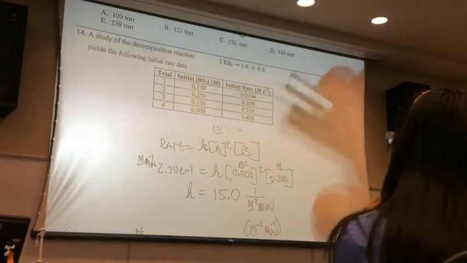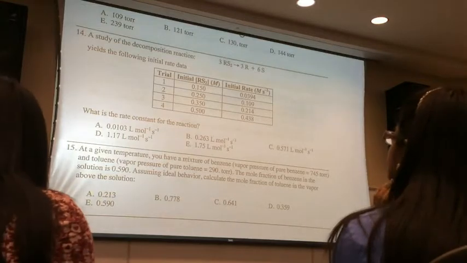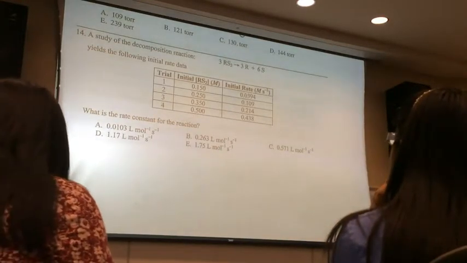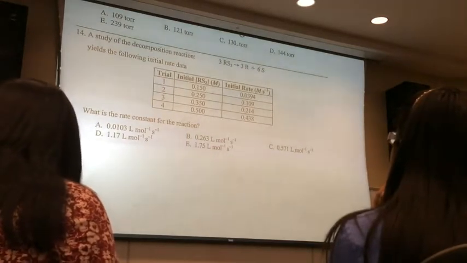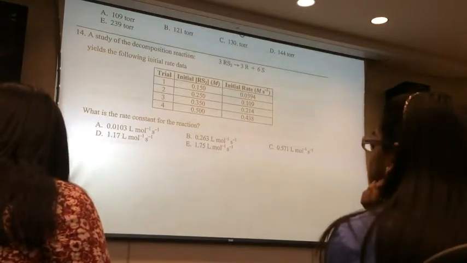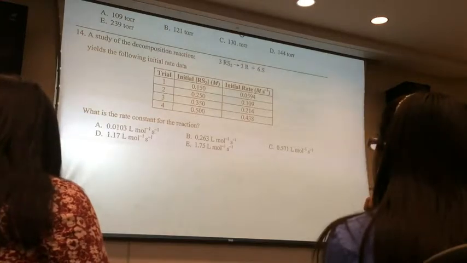Different experiments. What is the rate constant for the reaction? To get K, first you need to know what the rate law is and be able to plug values in, right? So this is like both steps, like we just did. You first get a rate law, and then once you know the rate law, plug things in.